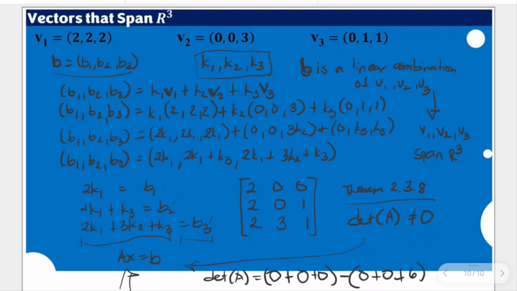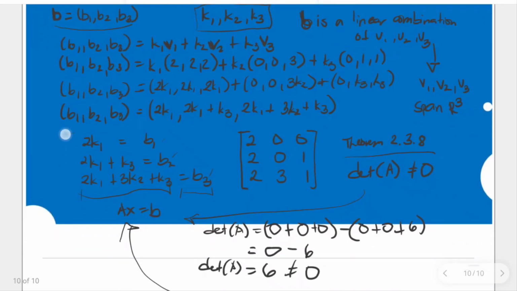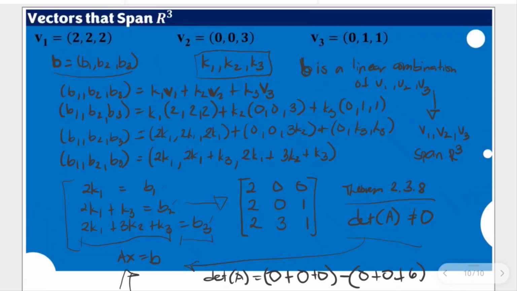Since we came up with this system in which we don't know the values of the k's and the b's, we use the coefficient matrix and its determinant, with the help of theorem 2.3.8, to show whether it has exactly one solution. That only happens if the determinant is not equal to 0, and with that we can say that the vector b is a linear combination of v sub 1, v sub 2, and v sub 3, and hence the mentioned vectors span R3.